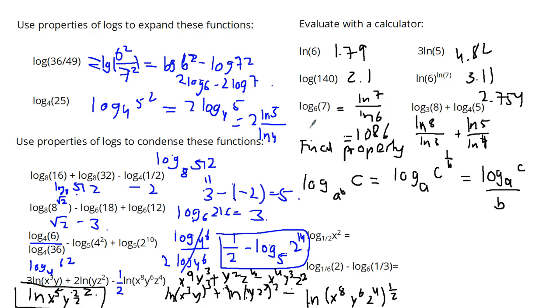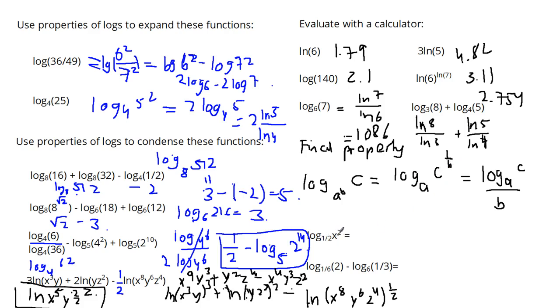So there's another property right here. This is kind of intuitive, but it's also kind of weird. But log base a to the b power. So if our base is a to the b power, of c, this is log base a of c to the power 1 over b.